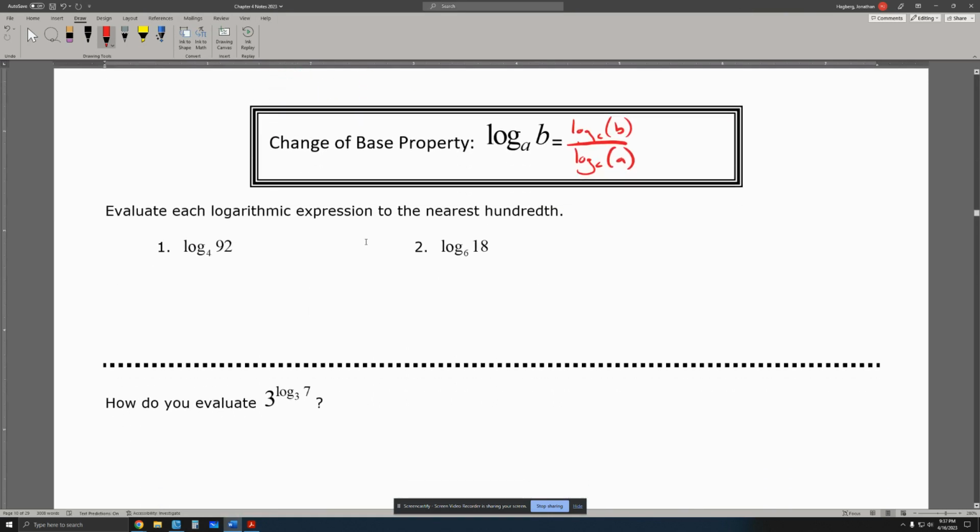So now let's go ahead and use our change of base formula to evaluate each of these logs, rounding to the nearest hundredth. Log base 4 of 92, I could write this as log of 92 over log of 4.